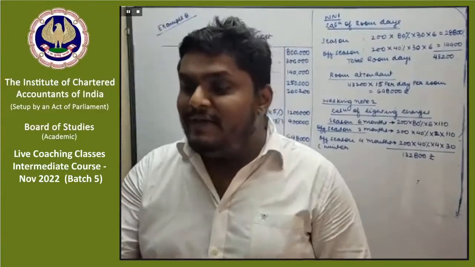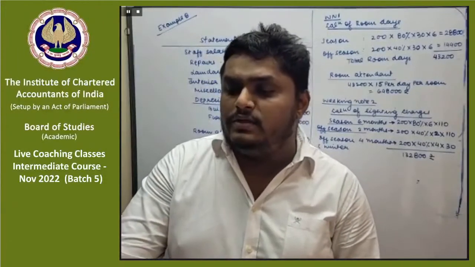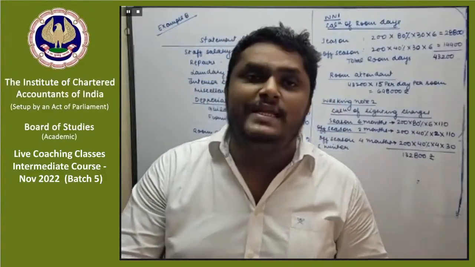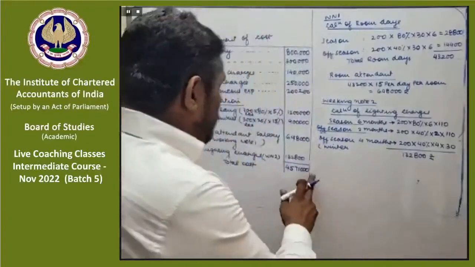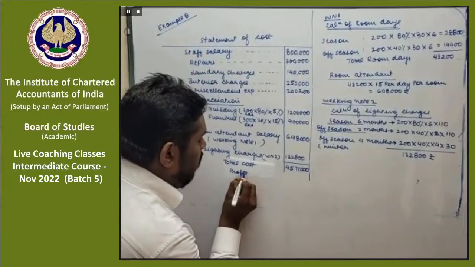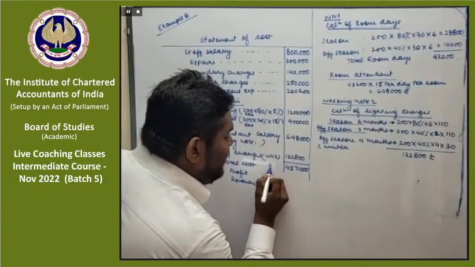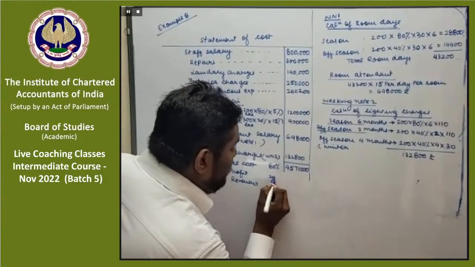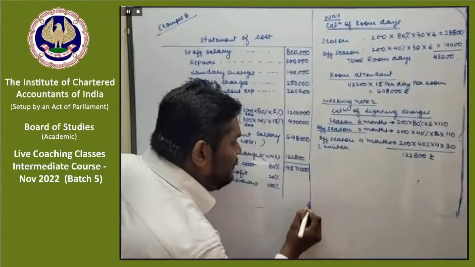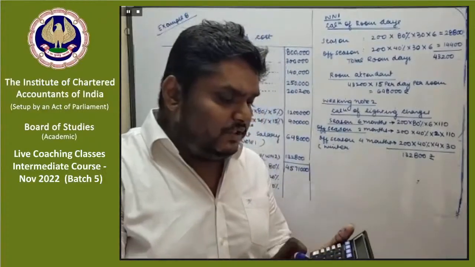Now, we have to add the profit also. It is given in the question that the management profit margin is targeted at 20% of the room rent. So this cost will be equal to 80%. Assume that this cost is 80%, the profit is 20%, and the revenue is 100%. So 45,71,000 is equal to 80%.